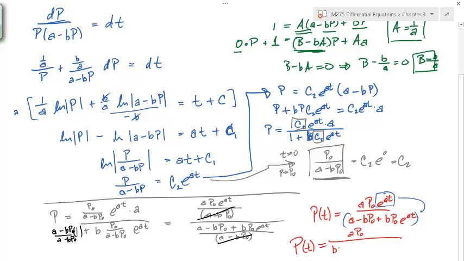So we have b times p naught plus these two terms over here will get multiplied by e to the negative at. So we'll just group them together and then multiply that by e to the negative at. So this is our logistic function that comes from our differential equation. Okay, so this is a function that we'll be using for several applications.